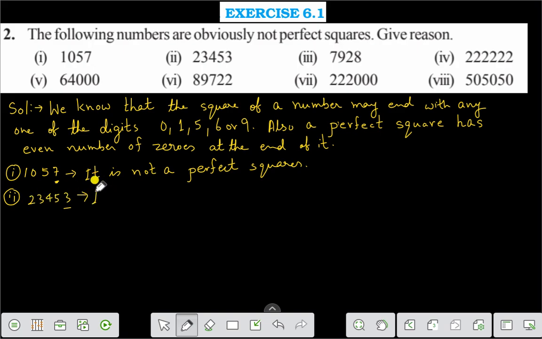Therefore, it is not a perfect square, because we know that the square of a number may end with any of the digits 0, 1, 5, 6 or 9.